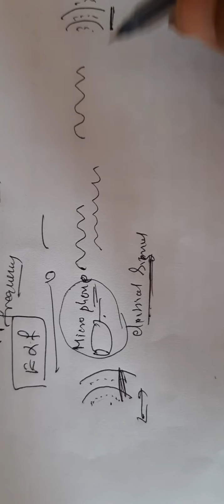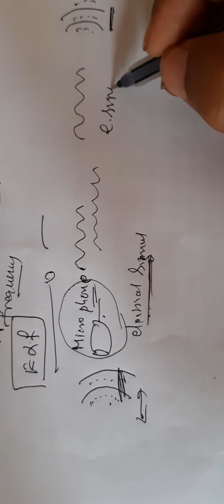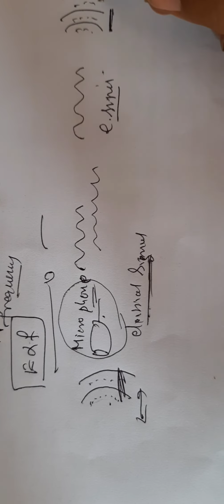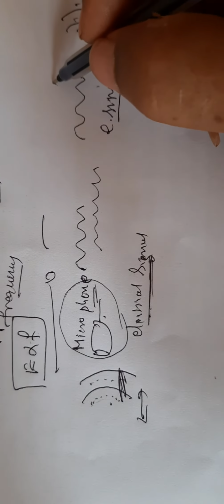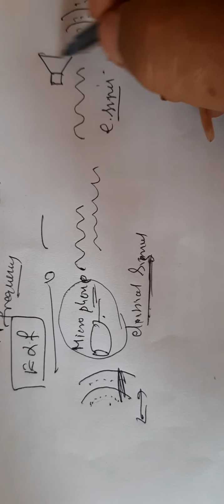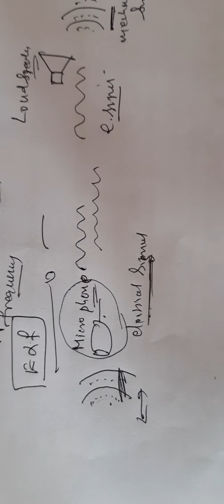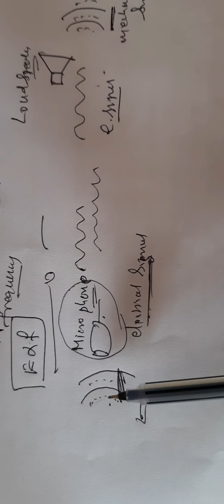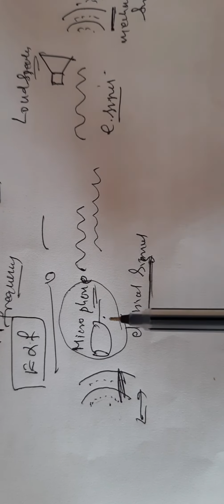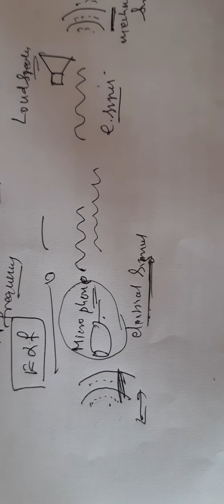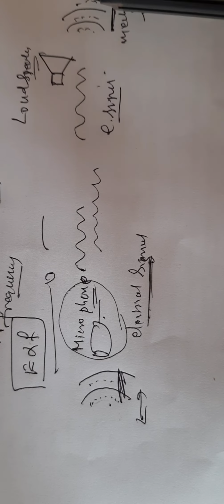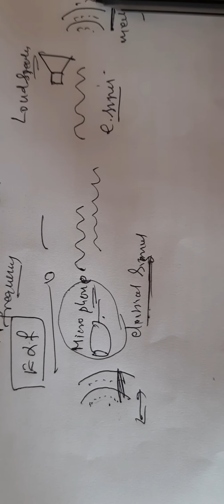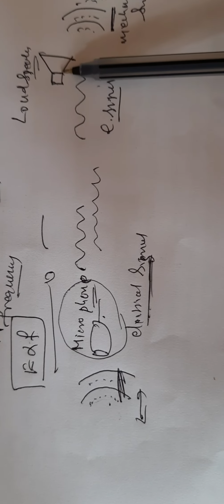Therefore, the electrical signal is converted back into a mechanical signal by a transducer or device known as a loudspeaker. So the first important two devices in communication are the microphone, which converts the mechanical signal into an electrical signal, and at the receiving station, the loudspeaker, which converts this electrical signal back into our original voice signal, that is, the mechanical signal.